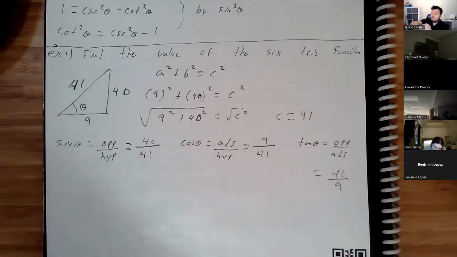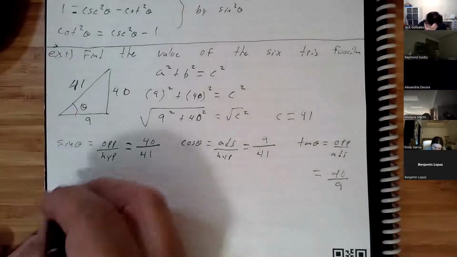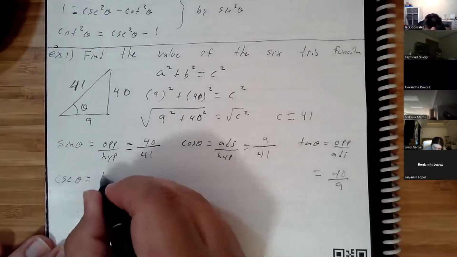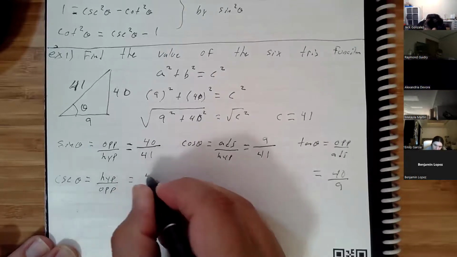So there's 3 of them. Once you get those 3, all you have to do is take reciprocals and you'll get the other 3, right? Because we said the reciprocal of sine is cosecant. So just flip it over. So cosecant is equal to hypotenuse over opposite, which is 41 over 40.